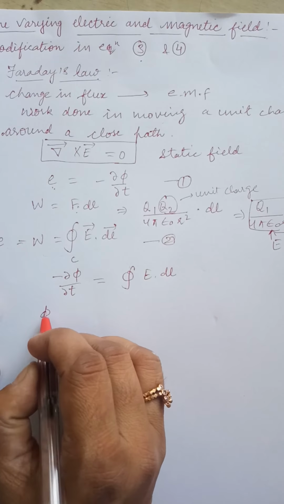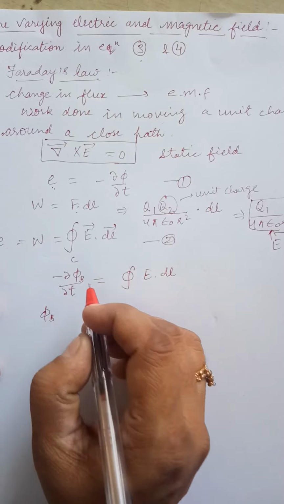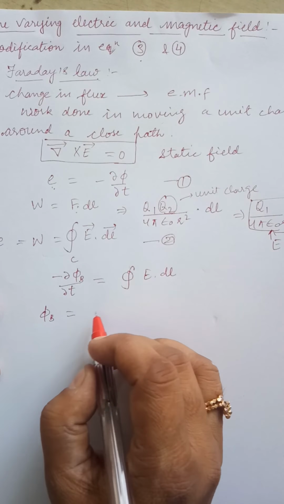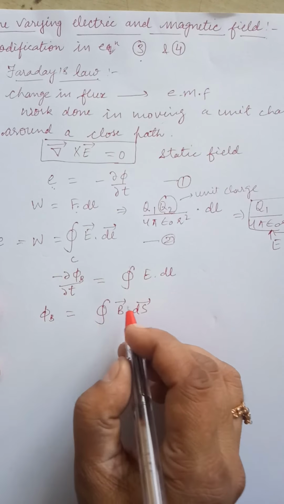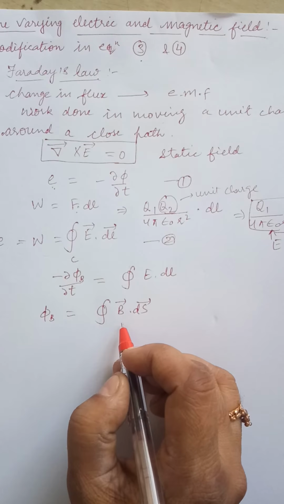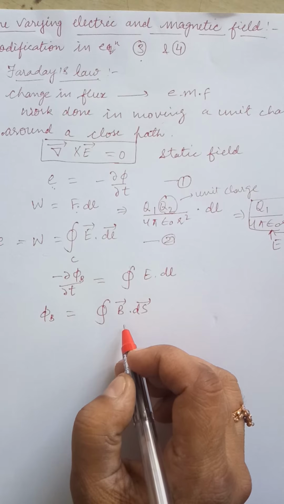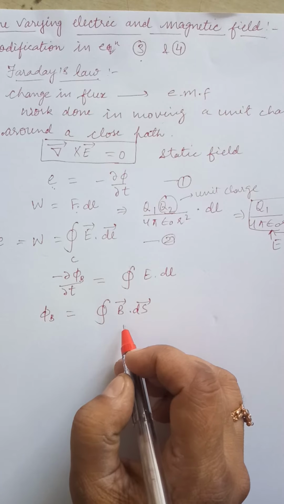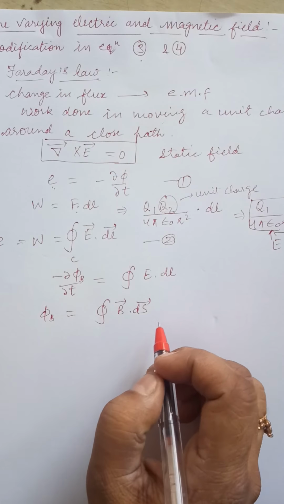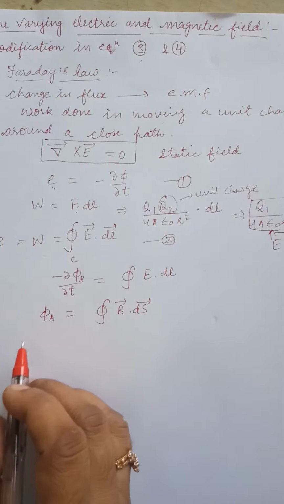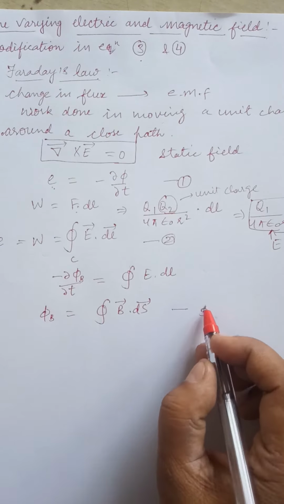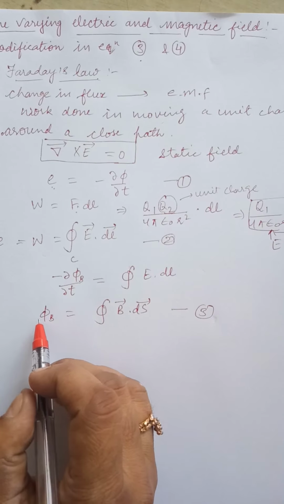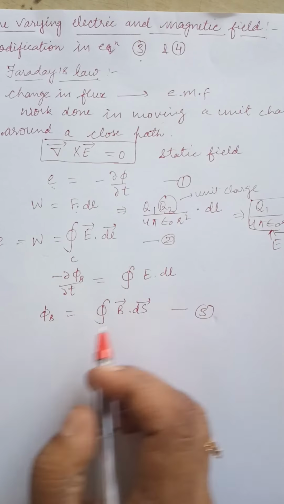Now the magnetic flux, I should define it by B. The magnetic flux is equivalent to integral B dot ds, where B is the magnetic flux density, ds is the surface integral we have taken here. So right now let me give the name to this equation, say 3. So in place of phi I can put B dot ds.